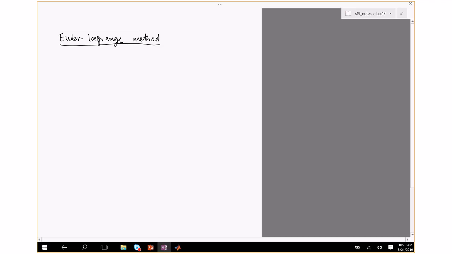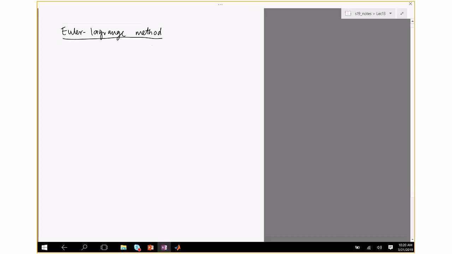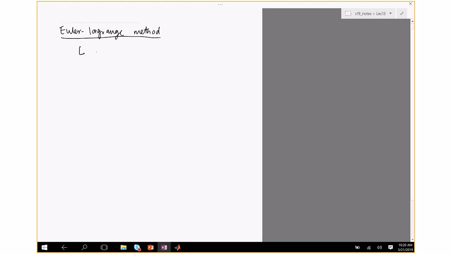Okay, so here is how to use the Euler-Lagrange method. We have to define something called a Lagrangian, that is K minus P. So what is L, K, and P? L is the Lagrangian. It's named after the scientist Lagrange, who came up with this method.